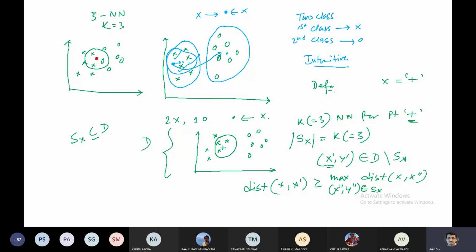For example, if this particular point is the furthest point, this is the furthest distance. Now this distance is also less than this. So that is where we define our k nearest neighbor. But this k may be anything. Okay, now if you have any doubt, anything, you can ask.